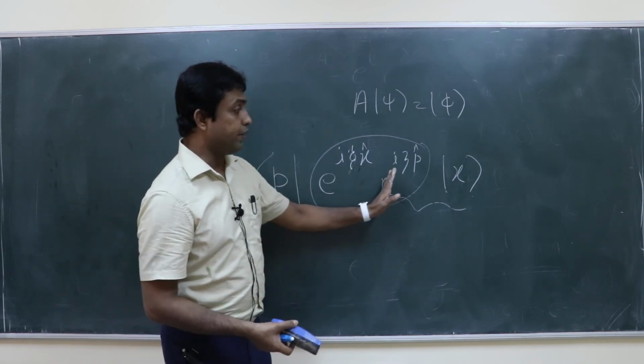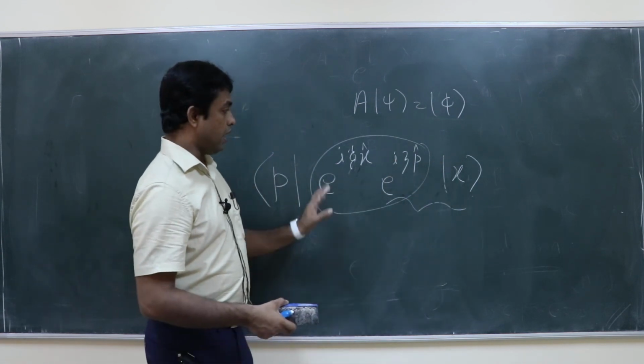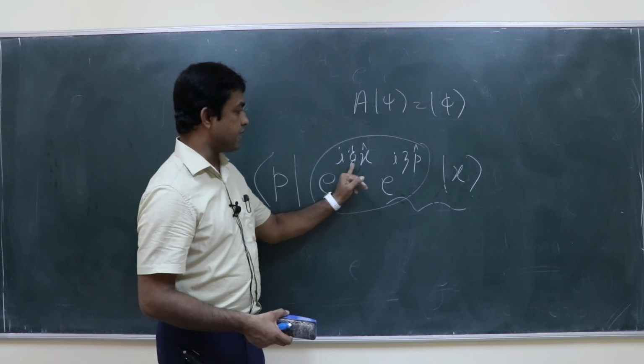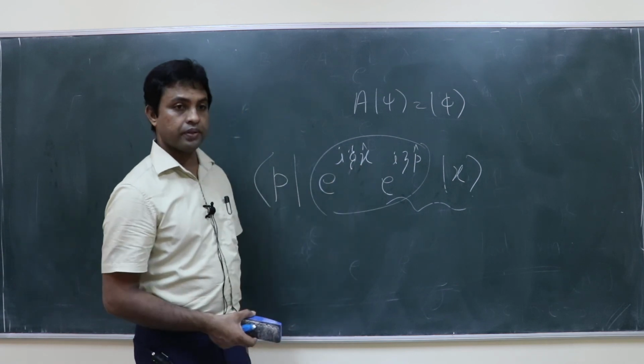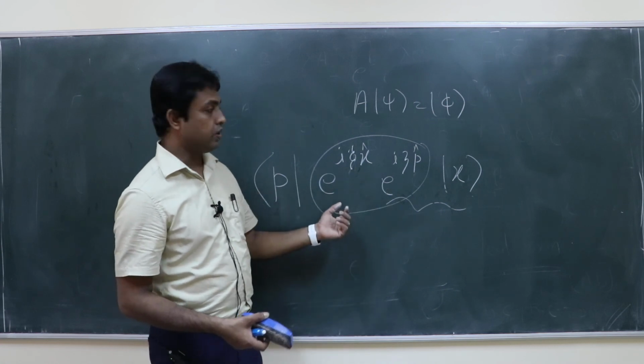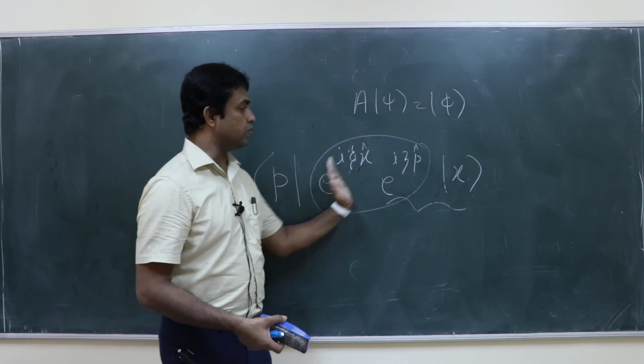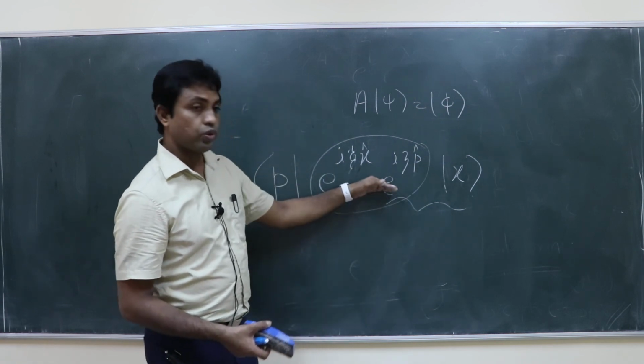But here I don't know how to act e power i eta p on x directly. Here I don't know how to act i psi x on bra p. So I use the Weyl form, so that I flip this one, so this one becomes the left hand side and this one becomes the right hand side. So I can solve this.